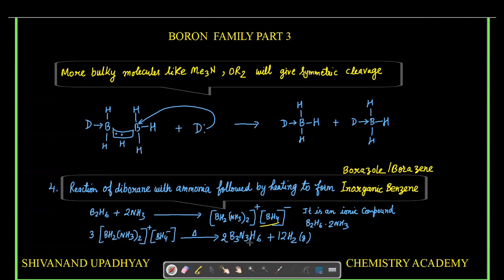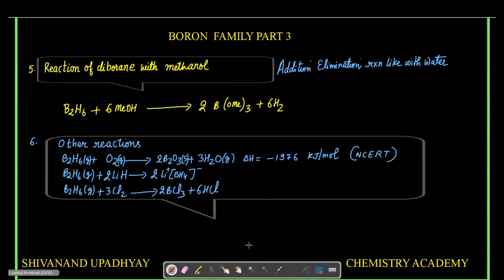Otherwise it is a liquid also like benzene and we can say that जैसे बेंजीन में 6 कार्बन एटम होते हैं वहां यहाँ पे 3-3 बोरोन और नाइट्रोजन एटम है. And if you draw the structure, this nitrogen has positive charge and this boron has negative charge, right? So polarity होती है, इसकी वजह से ये थोड़ा ज्यादा reactive होते हैं with respect to benzene, right? So moving to fifth reaction of diborane with methanol. This is same as that of water.